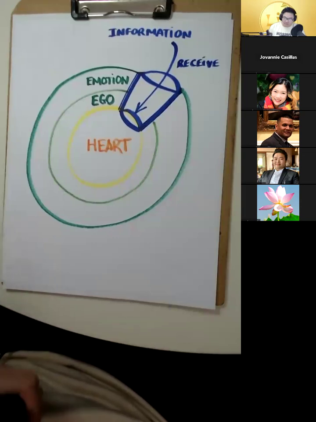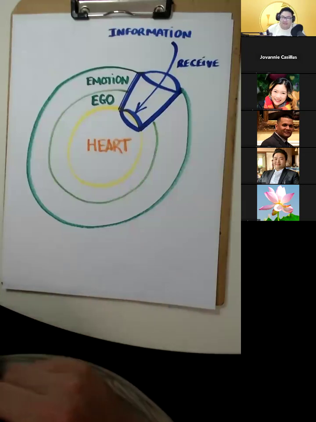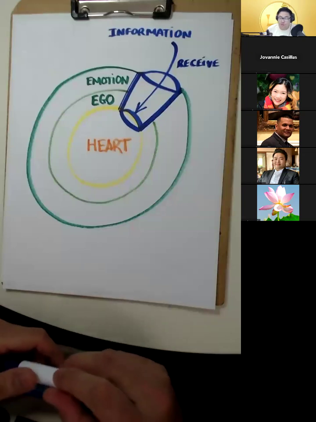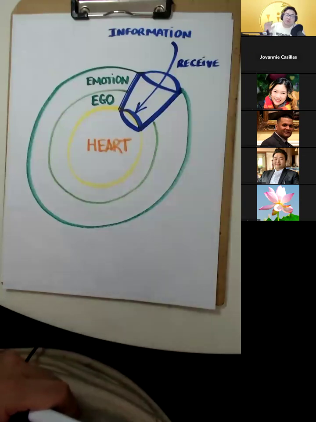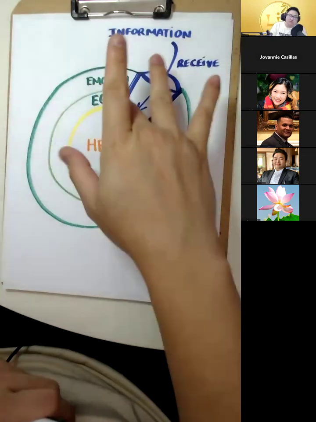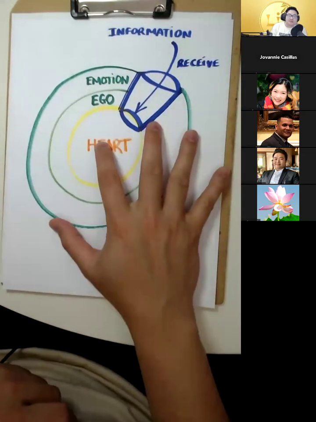Yep, that is a way to see it as well. It's all relative, and yes, that is a beautiful way to see it. So if your cup, your filter, is full of emotion and full of ego, then the information cannot reach your heart.